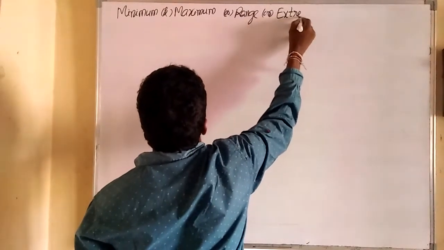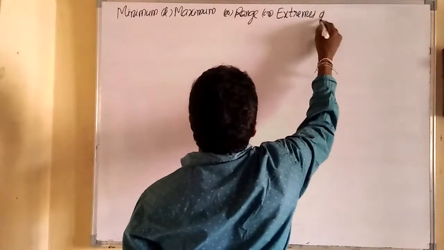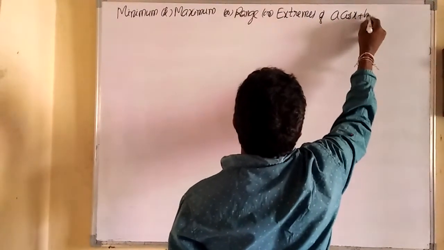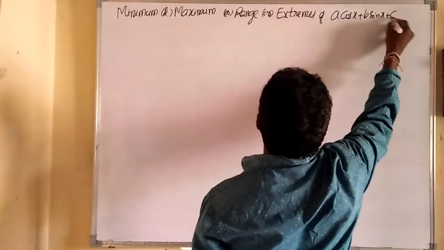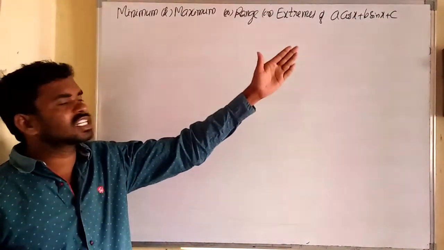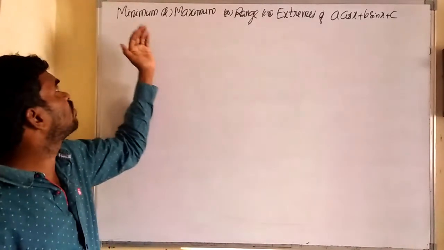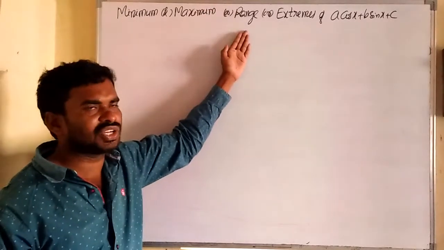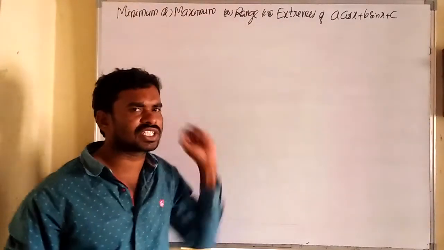In three ways a question may be asked on a cos x plus b sin x plus c. For this form, how to find the minimum and maximum value? Otherwise, how to find the range, or how to find extreme values?